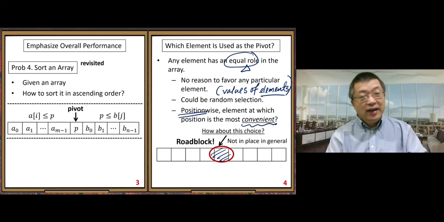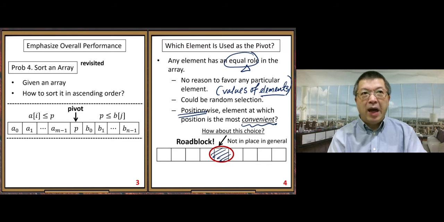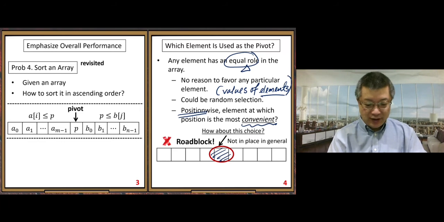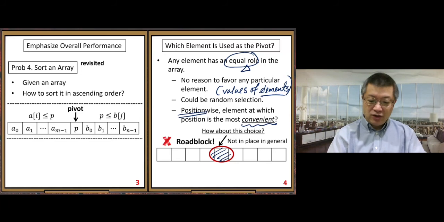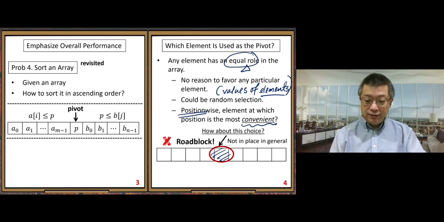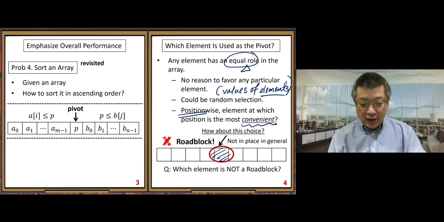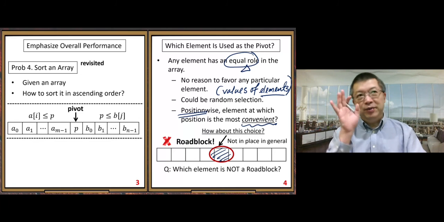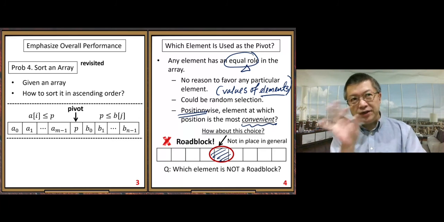Can we find some special positions that won't be the roadblock? Do we have such special positions in the array that cannot be the roadblock? Yes, we have. So this roadblock, we don't want to pick that. Not convenient. Then we try to find convenient locations.